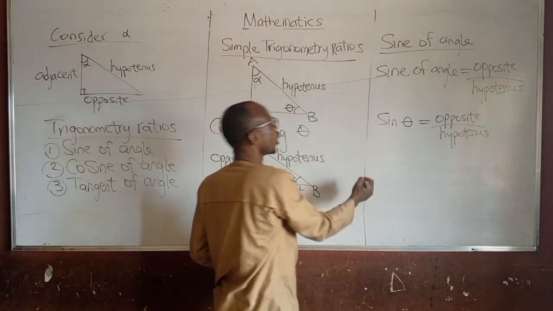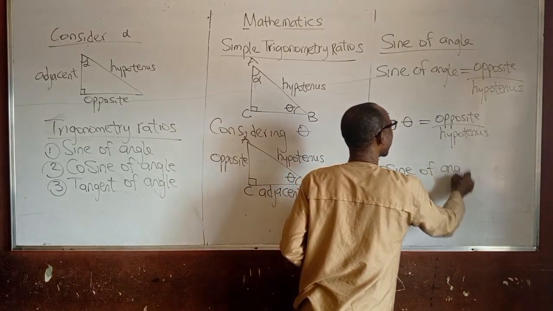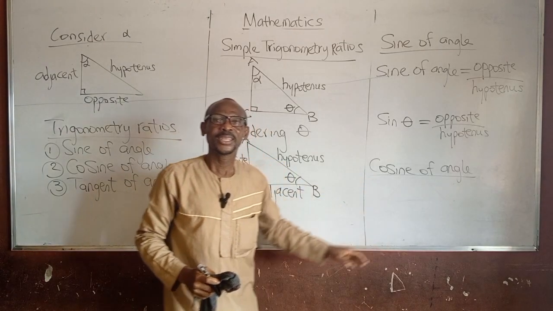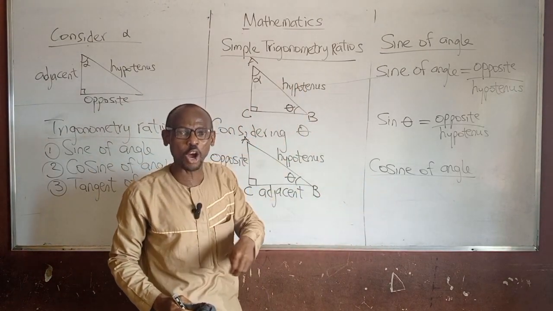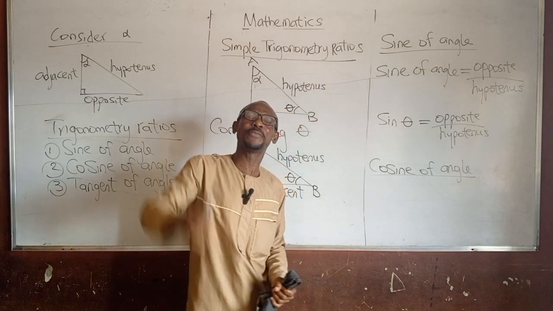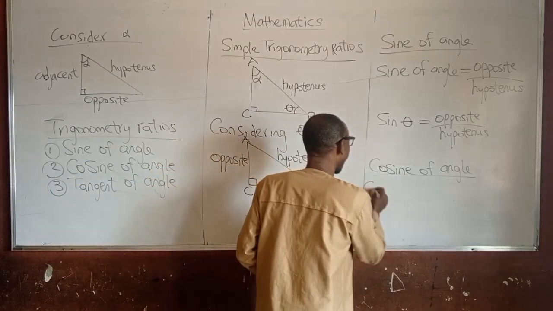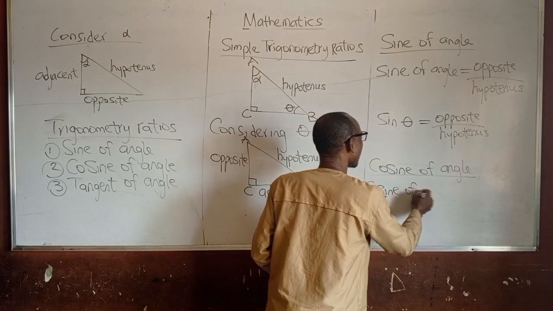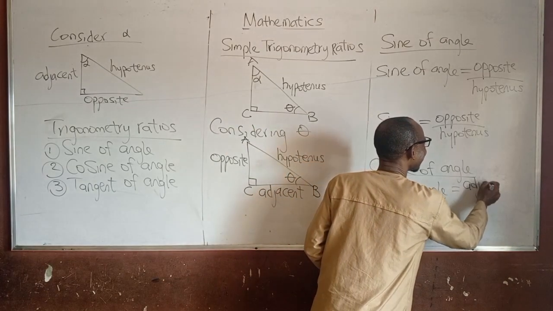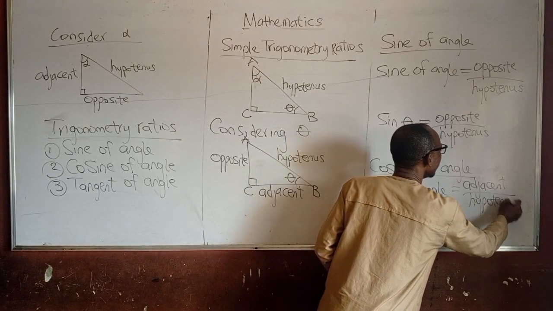When we look cosine of angle, what cosine of angle be? Now, ratio of the adjacent side divided by the hypotenuse. So our cosine of angle is equal to adjacent divided by the hypotenuse.